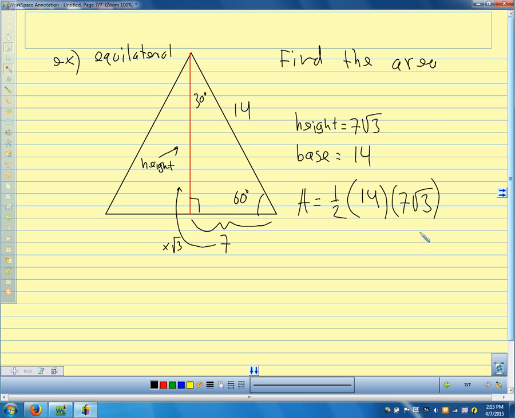This would be a question where it would say leave your answer in simple radical form. So half of 14 is 7. 7 times 7 is 49. So I get 49 square root 3 square units. And that would be the area of that equilateral triangle. All we needed to know was the side.